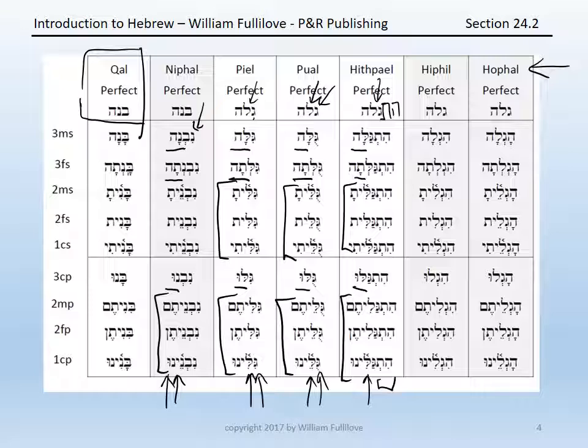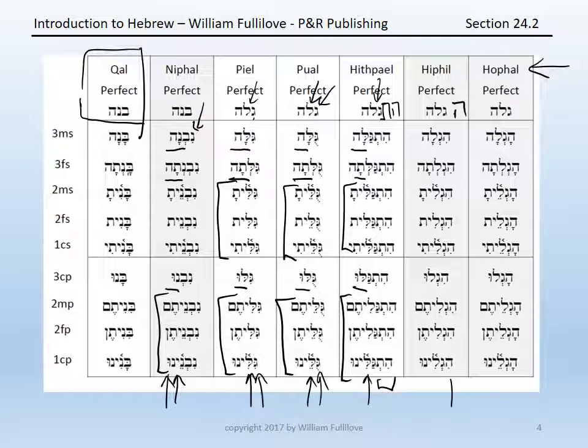You see, in fact, the same in the Hifil and the Hofal. The tip-off of the Hifil is the hi prefix. You have higla, higlata, higlita, higlit, higliti, higlu, higlitem, higliten, higlinu.